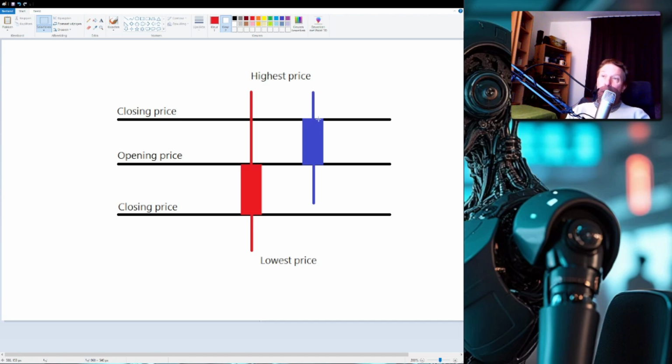In between, you see that the wicks are also information for us, because during the time period, the lowest price that has been reached in that period, in that day for example, is shown by this point, and the highest price that has been reached is shown by this point, the other end of the wick.